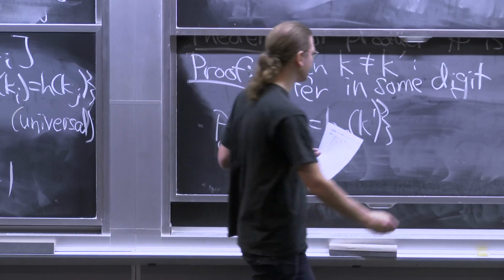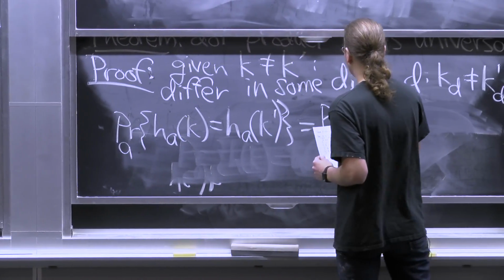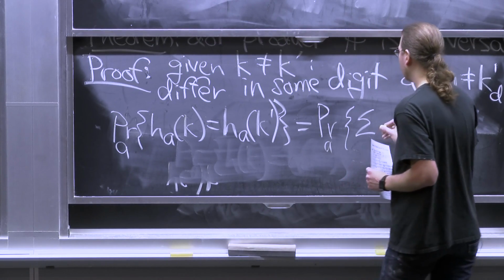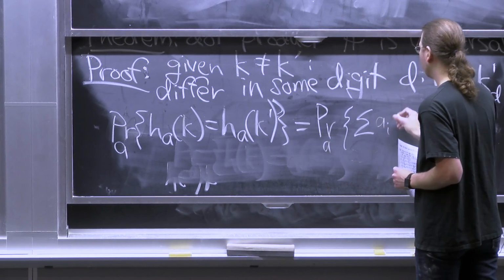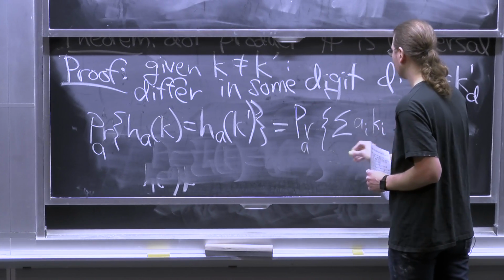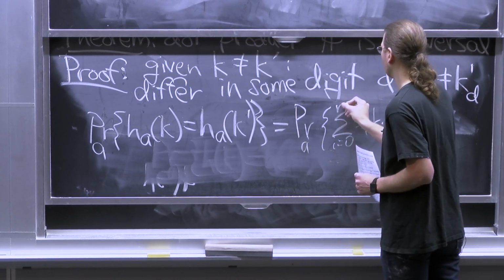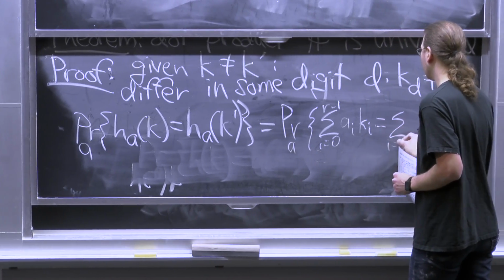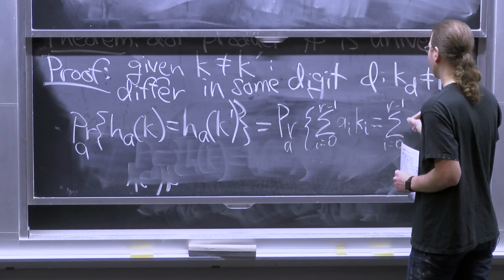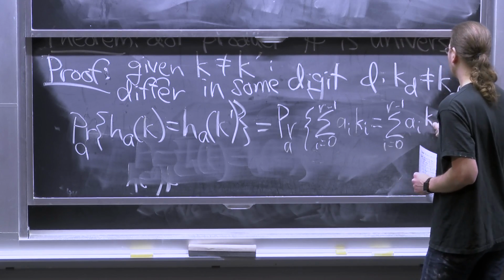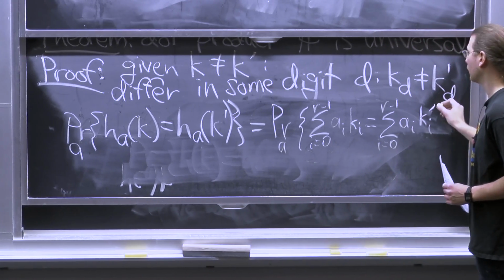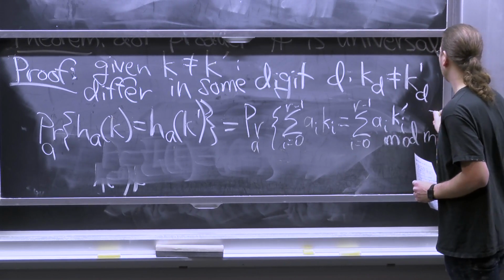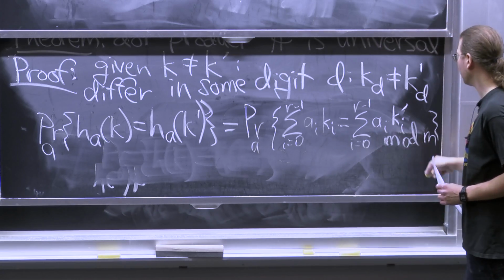So let me just write out the definition. It's the probability over a that the dot product of a and k is the same thing as when I do the dot product with k prime, mod m. These two sums should come out the same, mod m.